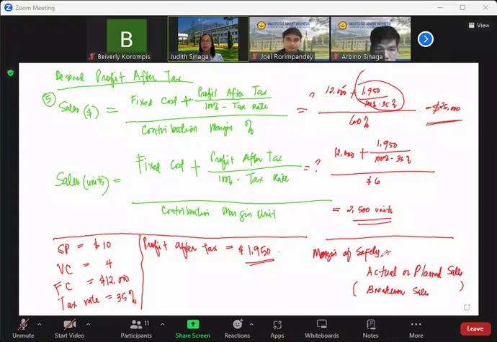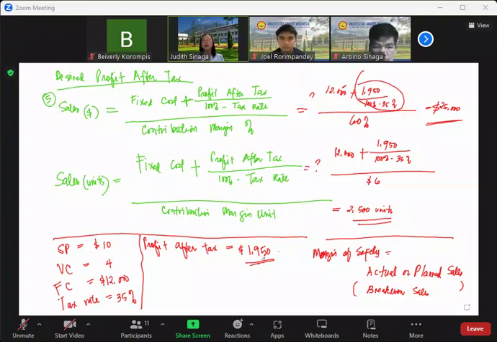So you get margin of safety ya. Bisa juga ambil rasionya: actual or planned sales less break-even sales over actual or planned sales. So that is called margin of safety ratio.